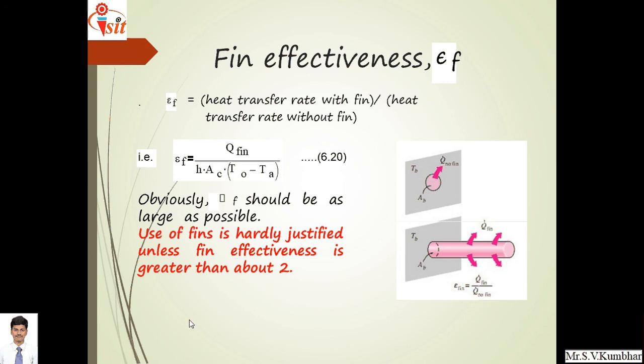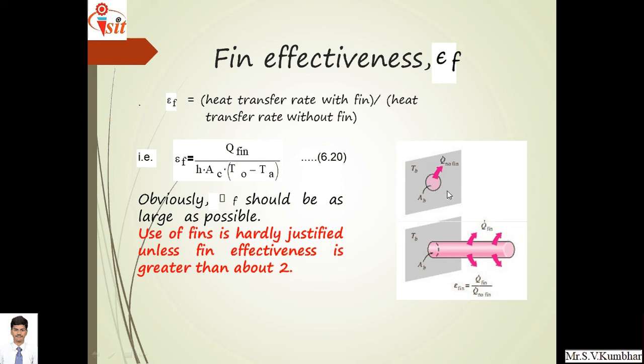If fin is not present, what will happen? And by provision of fin, by how much amount heat will be enhanced, right? So use of fins is hardly justified unless fin effectiveness is greater than 2. Means if the heat transfer rate is doubled, then it will be justified.